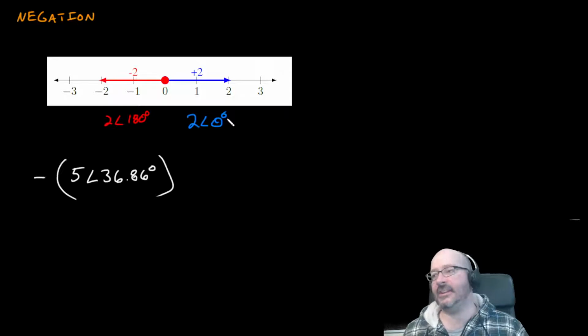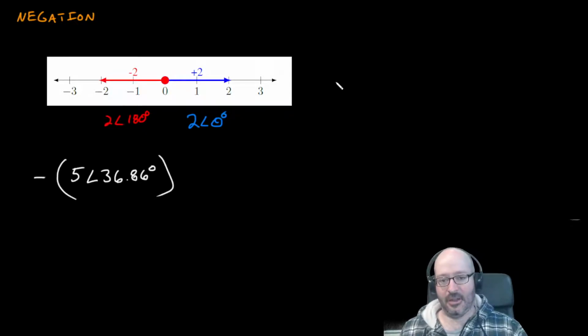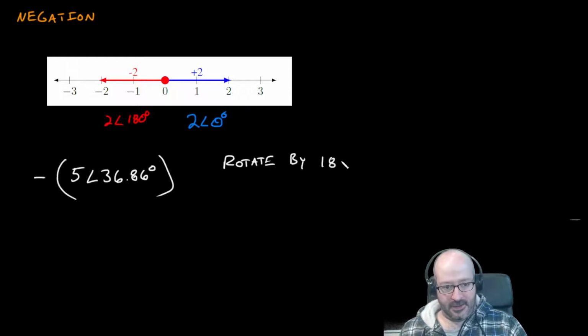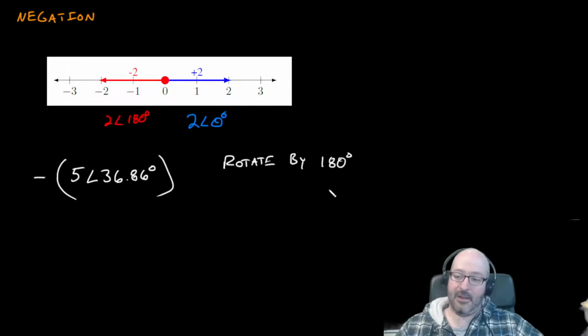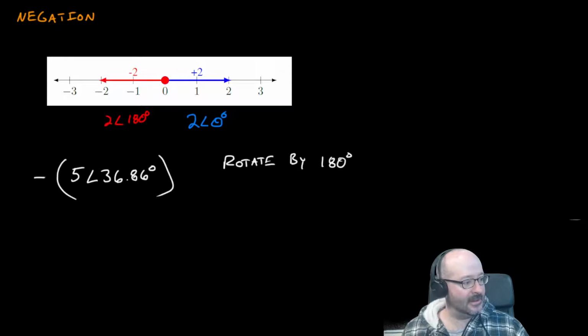We're just going in the opposite direction. But it's no longer just saying plus or minus. We have to think of it as a rotation of 180 degrees, or pi radians if you want to think of it in radians.